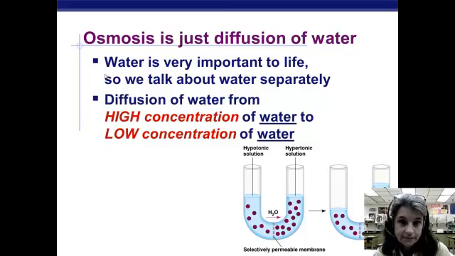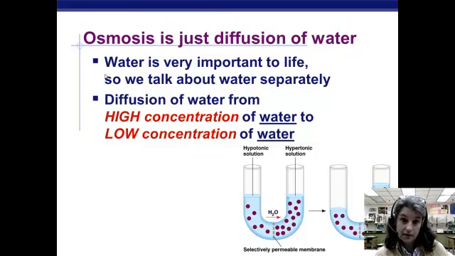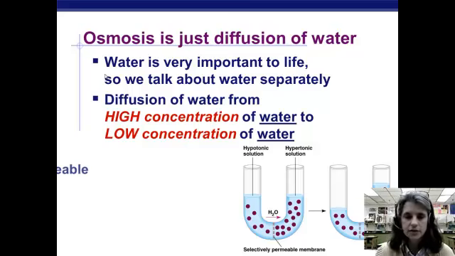Osmosis really is simply the diffusion of water. Remember, diffusion is the movement of any substance from an area of high concentration to an area of low concentration. Well, osmosis is simply the movement of water from an area where there is a lot of water to an area where there is less, from an area of high concentration to an area of low concentration.